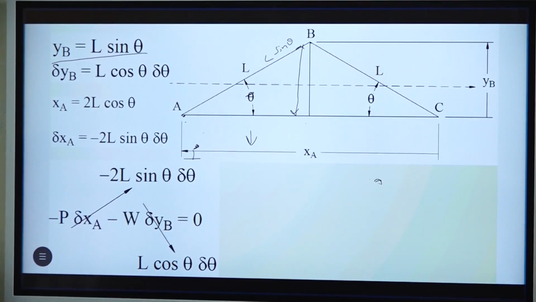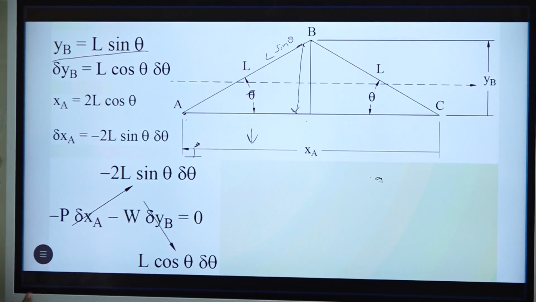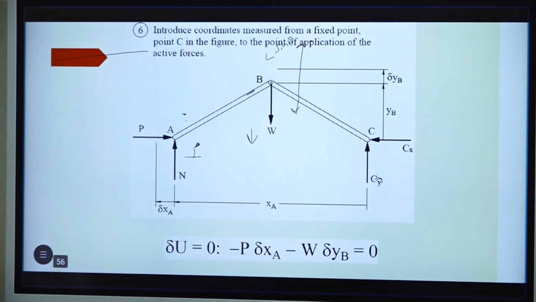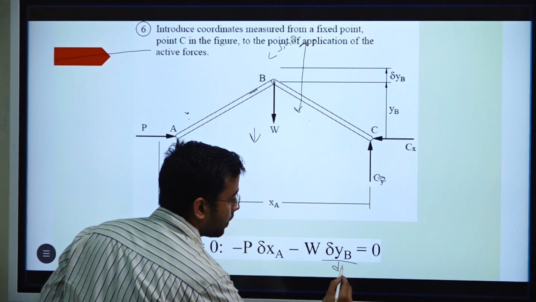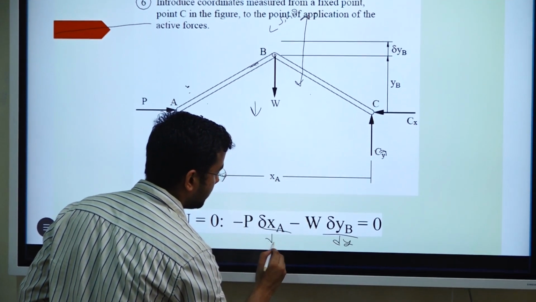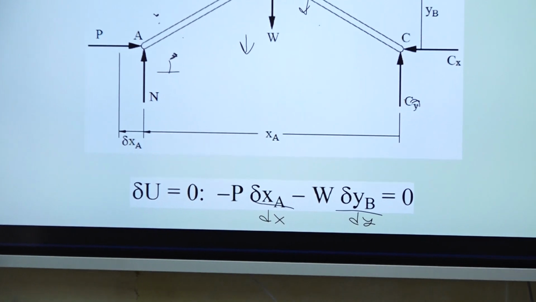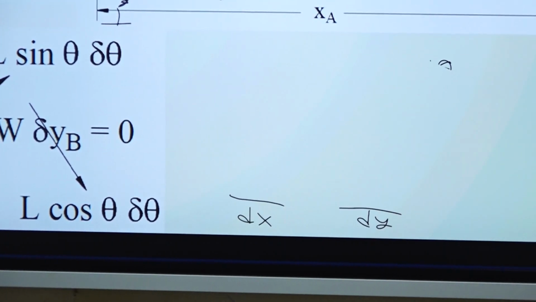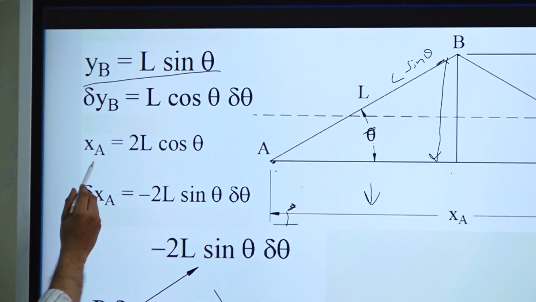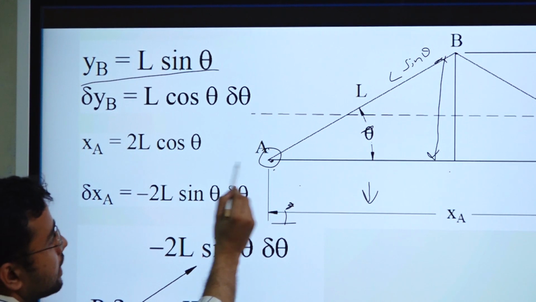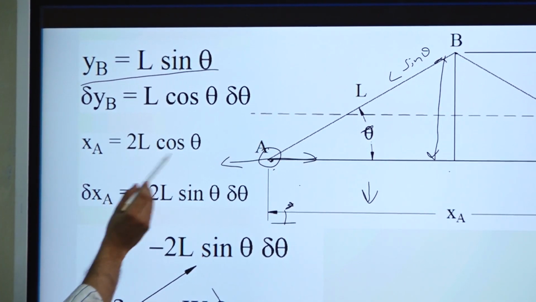Here you can see what we need to find out: delta YB, which is nothing but dy, and delta XA, which is nothing but dx, right? So YB is equal to L sin theta, so delta YB is equal to L cos theta del theta. XA, the movement of this point in the x direction, will be 2L cos theta.